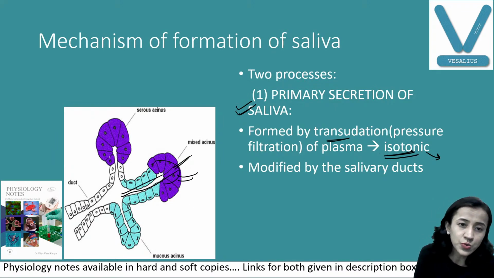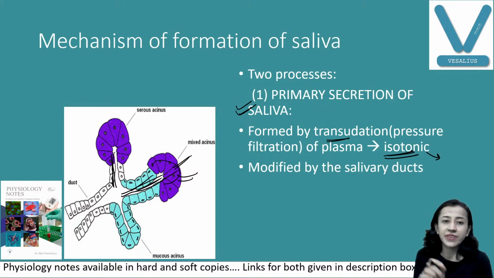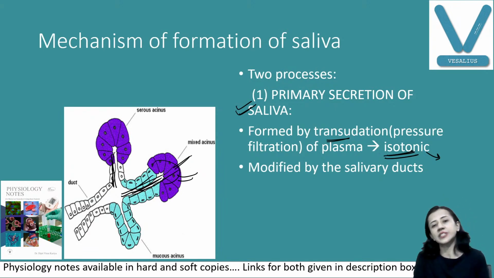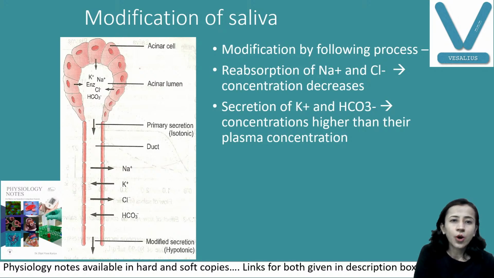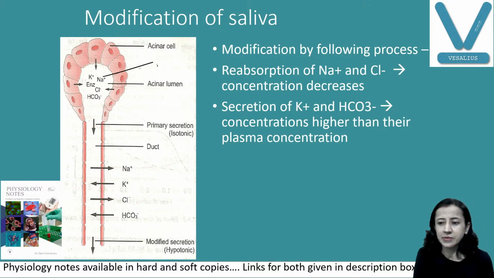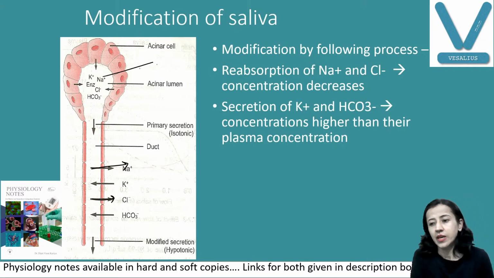But when this fluid passes through the duct, it gets modified. Which modifications take place when the saliva passes through the duct? You can see here, this is the normal first primary secretion, which is isotonic to the plasma. Now, when it passes through the duct, the important thing to remember is there is reabsorption of sodium and chloride, and there is secretion of potassium and bicarbonate.